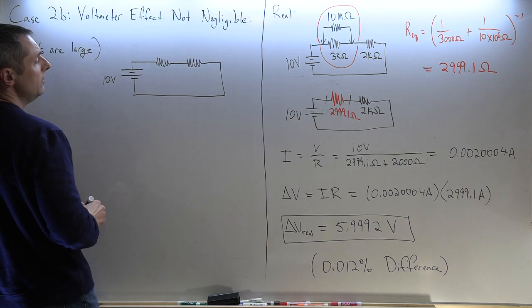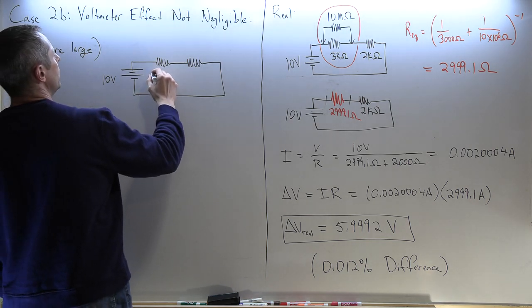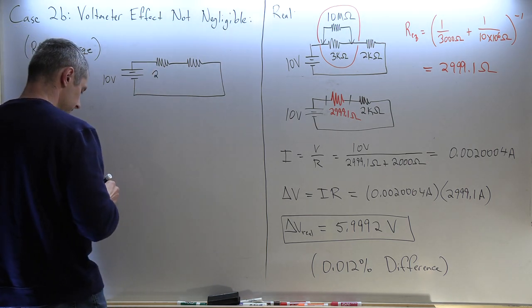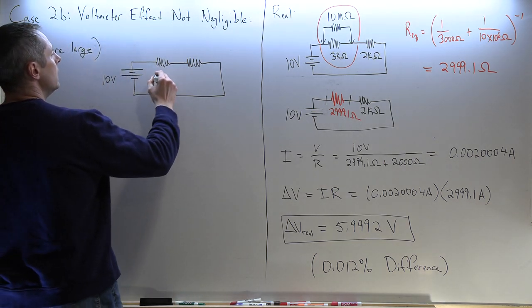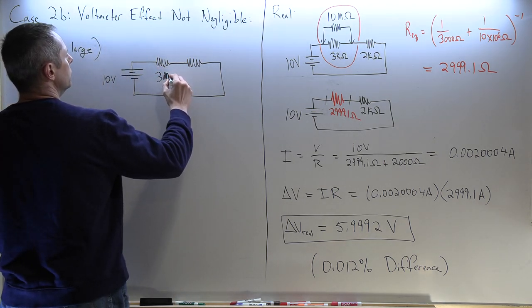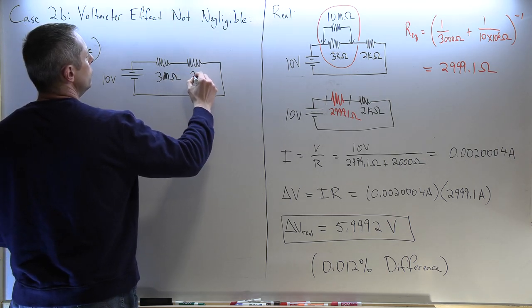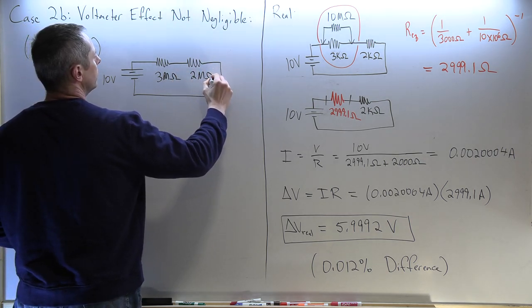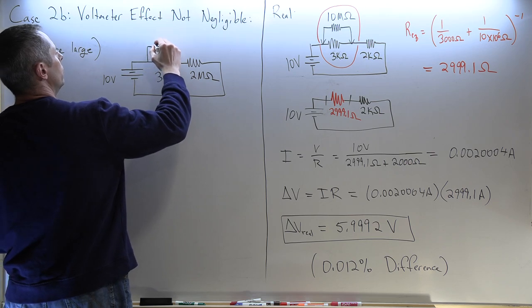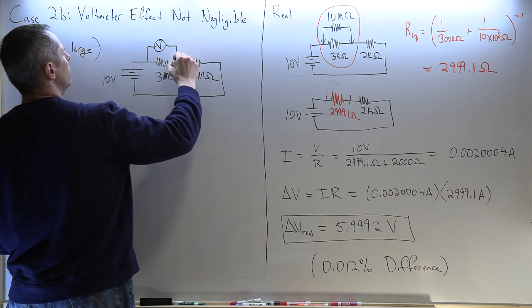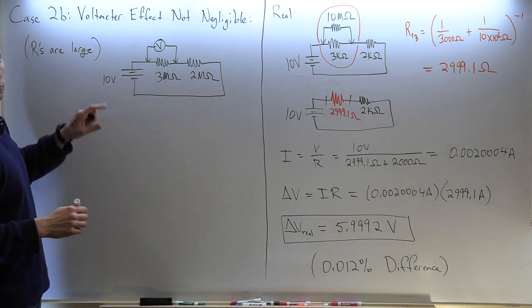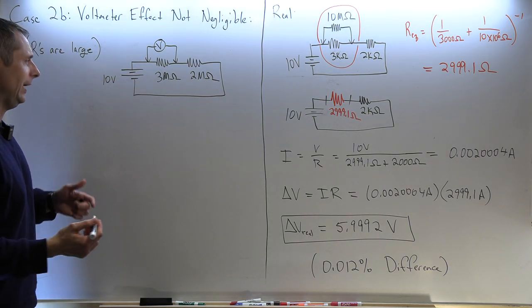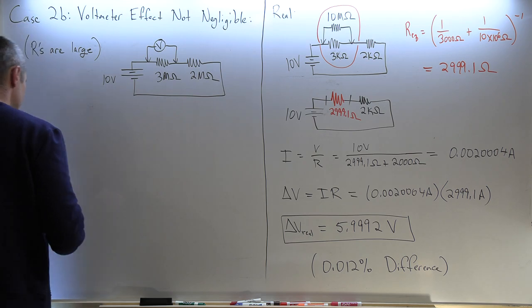But instead of 3,000 ohms and 2,000 ohms, we've got 3 million ohms and 2 million ohms. And we put a voltmeter here to measure what the voltage is of this 3 million ohms. So we're going to find out that it's a portion of 10 volts. It's going to come out to 6 volts again, exactly, if the voltmeter is ideal.